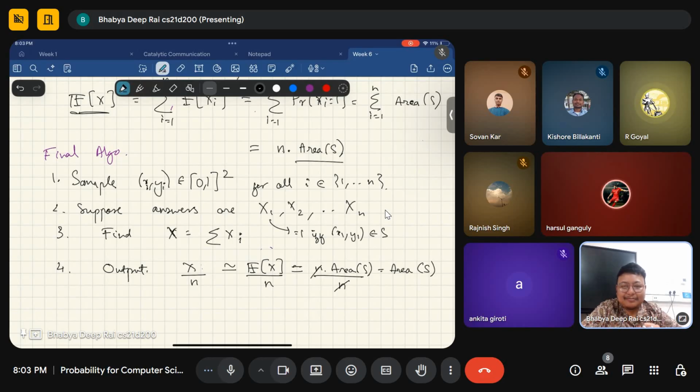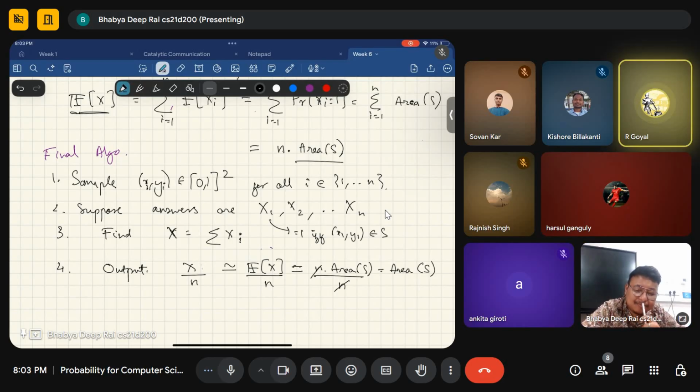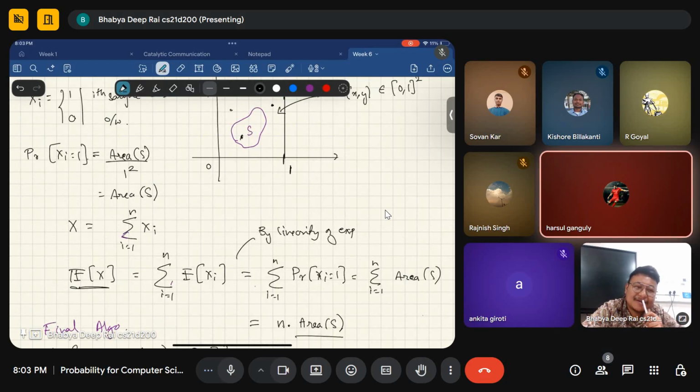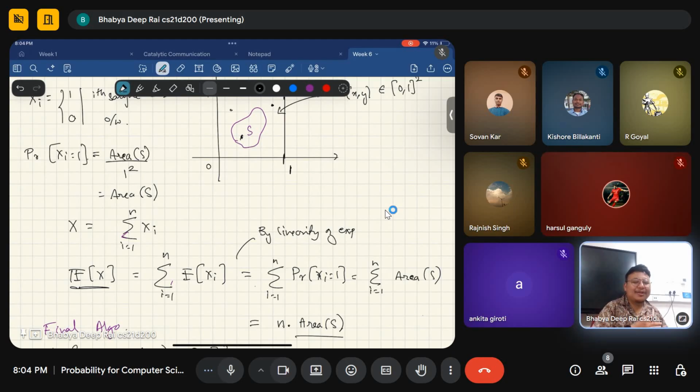So will this technique work to compute the area of a jalebi as well, which has got many holes in it, and the shape is not only irregular but also has holes? Yeah, why not? Because the analysis will not change. But if S is very small, then you need to take more samples. That is true.